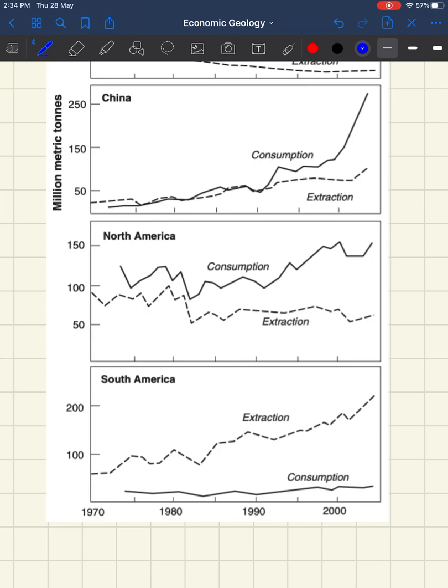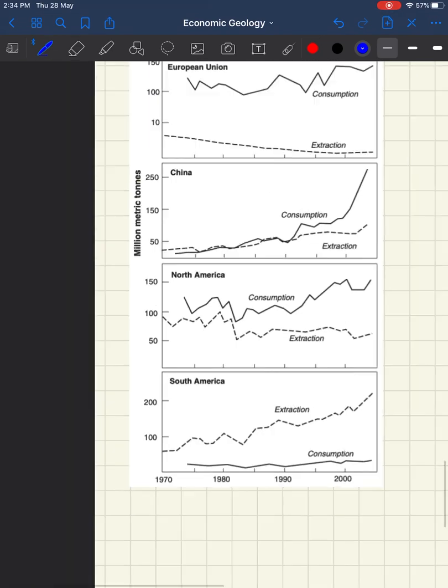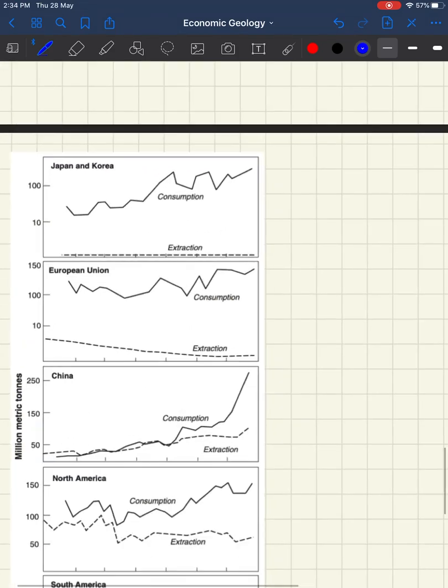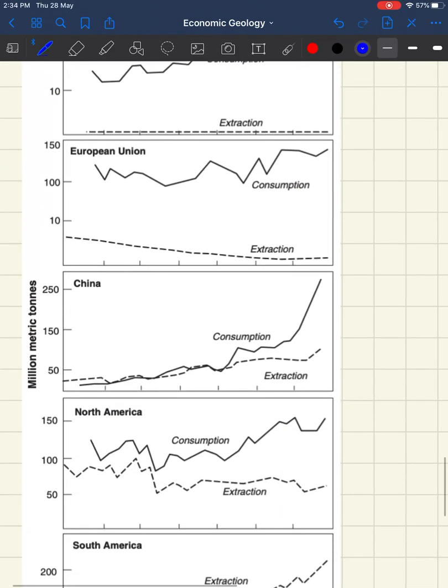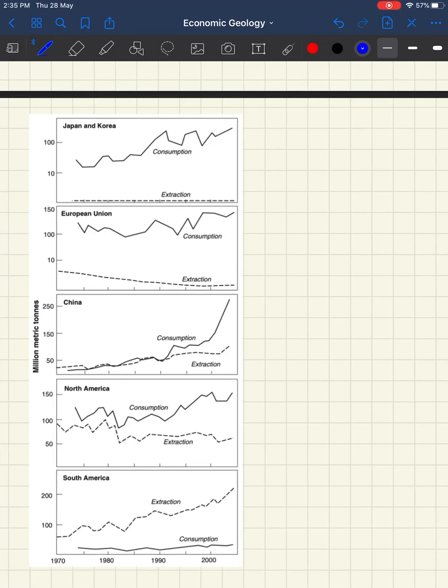It is increasing, right, from 1970 to 2000. So if you compare it with the other countries, you'll get an idea. So what modern mineral economic theory says is the pattern of mineral use is global, with the least developed countries supplying mineral raw materials to the more developed countries that manufacture goods and export them.